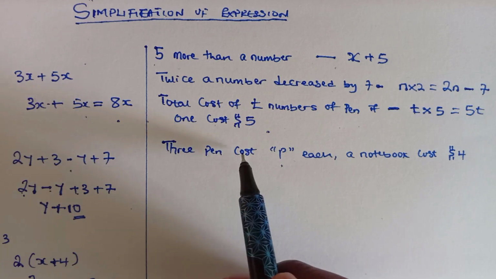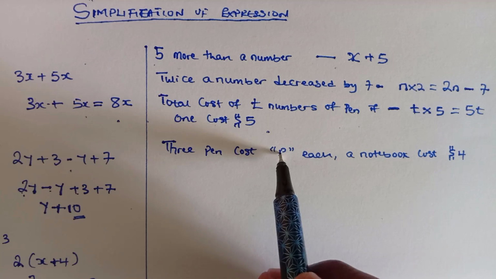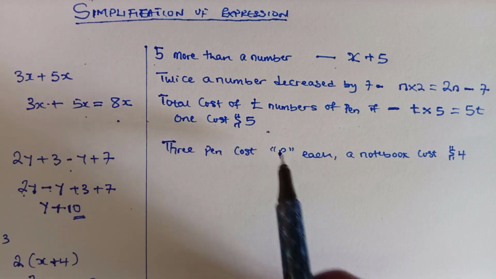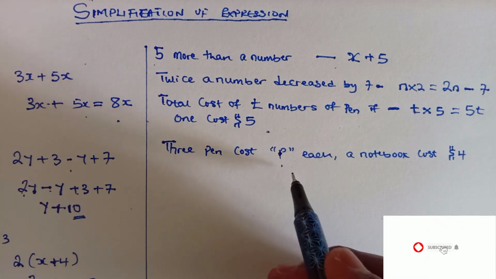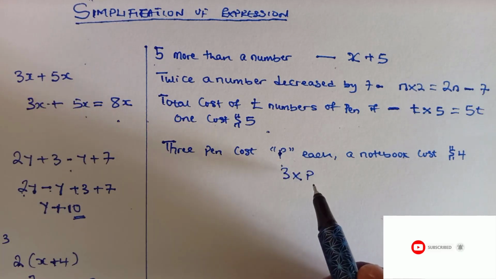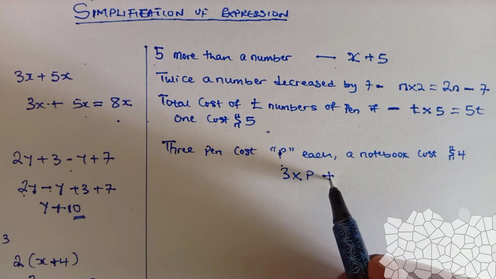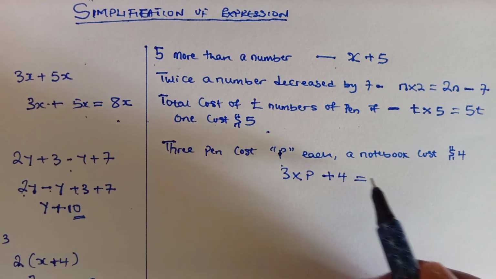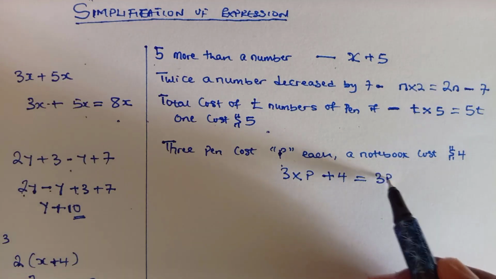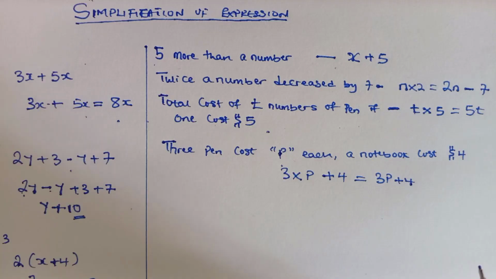Say 3 pen cost p each. So each pen costs what? p, right? So 3 of the pen is going to be 3 times what? Each, which is p. And the notebook costs what? $4. So we add the 4. So what we have here is going to be 3p plus 4. Understood? Clear.